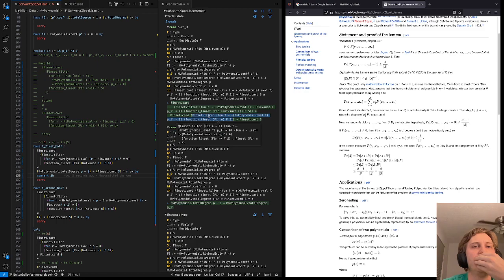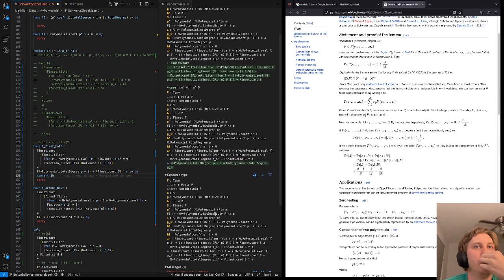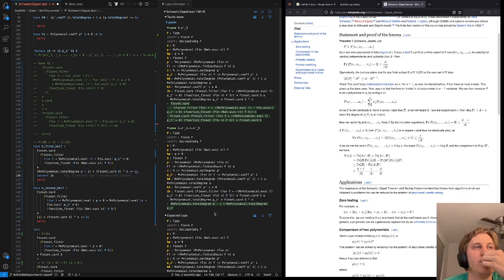Yeah, we have to show that these are equal, and we have to show that those are equal. Well, we don't precisely want to convert.